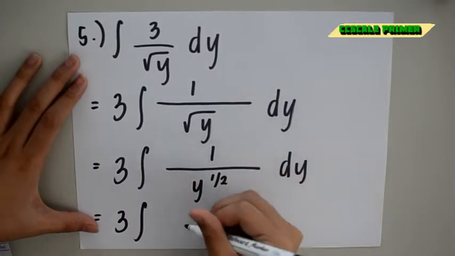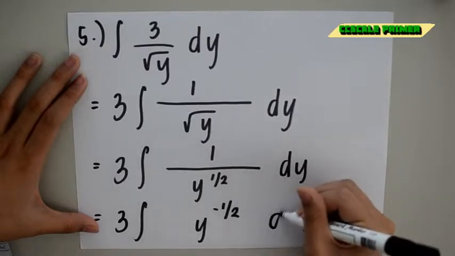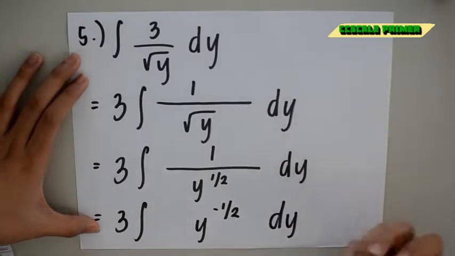Next, we get the reciprocal of the expression so that the denominator now becomes the numerator.